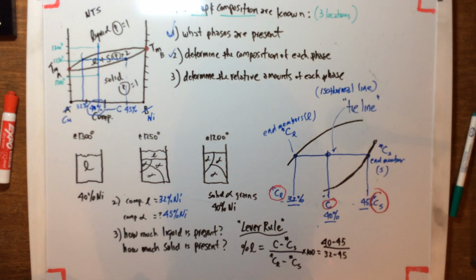All right, 38% liquid. So this is going to represent 38% liquid. All right, and you probably can't see that. Well, yeah, you barely could see that. Okay, let me write it over here too. 38% liquid.